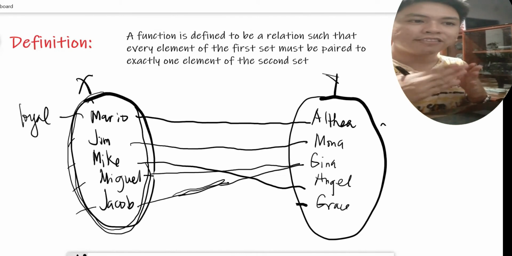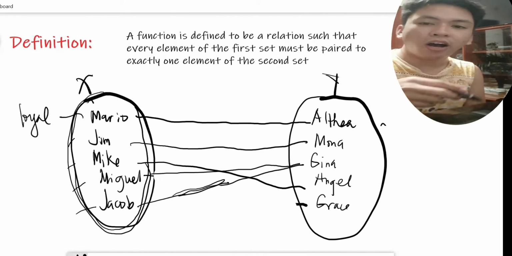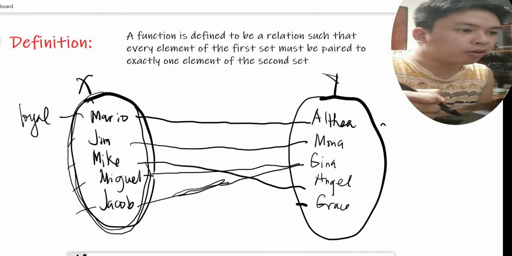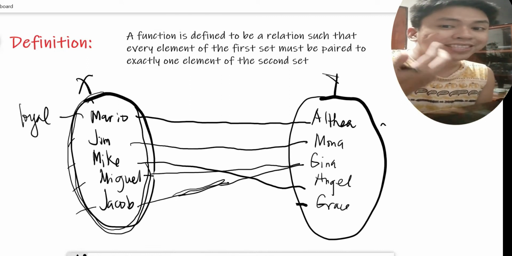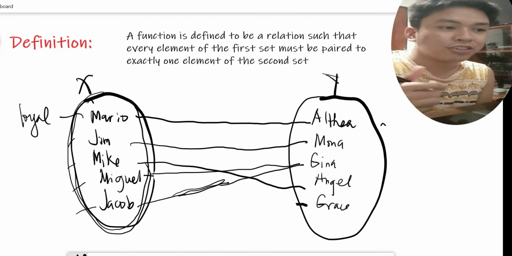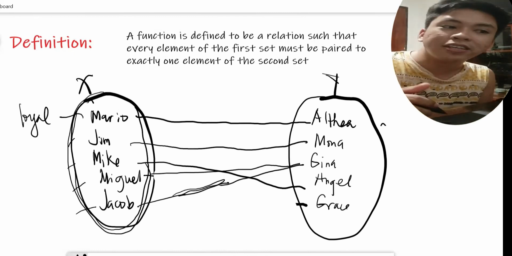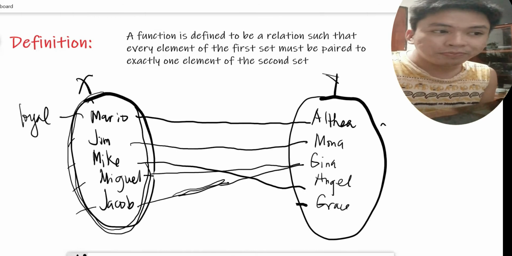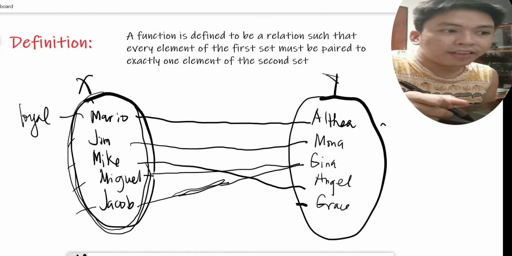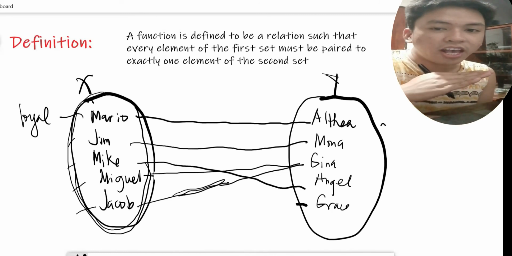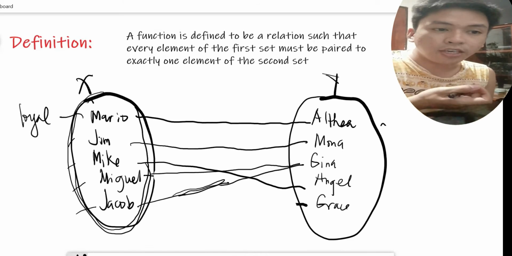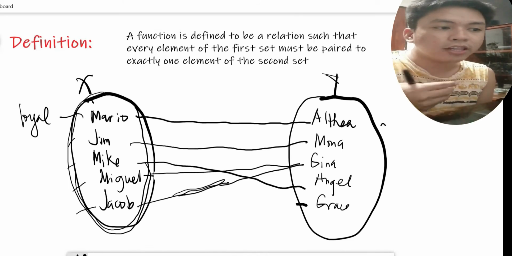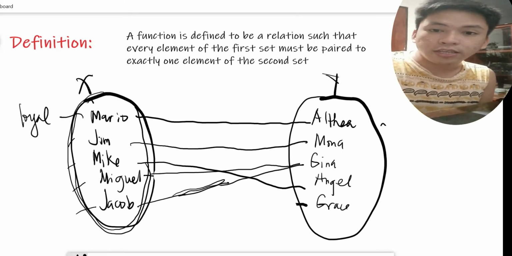Why? Because according to the definition, as long as all boys in the first set are taken, assuming that when we say dating, that's already a relationship. So Miguel is in a relationship with Gina, so that's not a problem. They're all taken and they're all loyal. So Mario is not in a relationship with anybody else except Althea. So we have Jim to Mona, Mike to Angel, Miguel to Gina, and Jacob to Gina.